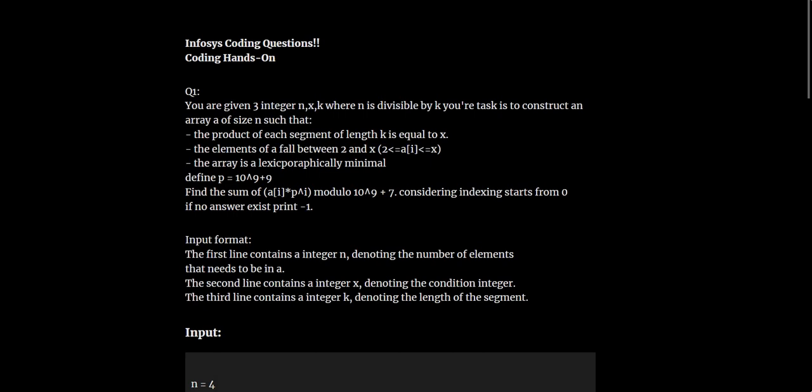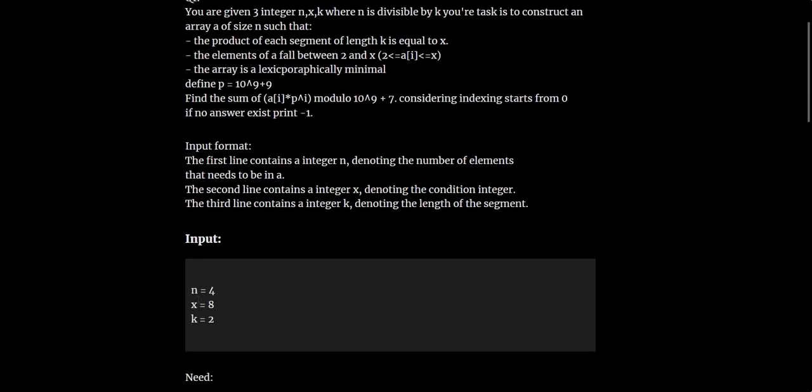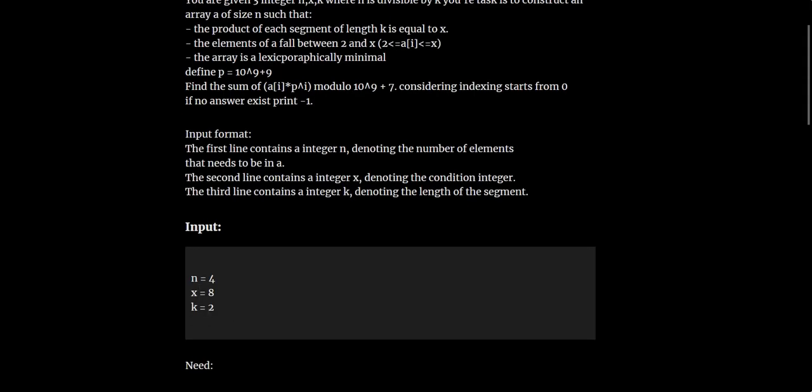So the input format is that the first line contains an integer n, which denotes the number of elements, the second line contains an integer x, which denotes a condition integer, and the third line contains k, which denotes the length of the segment.